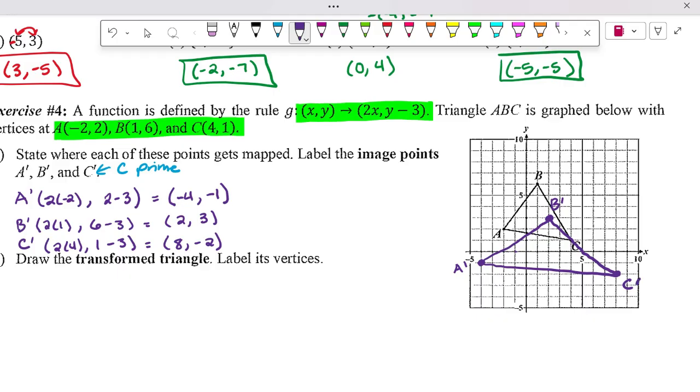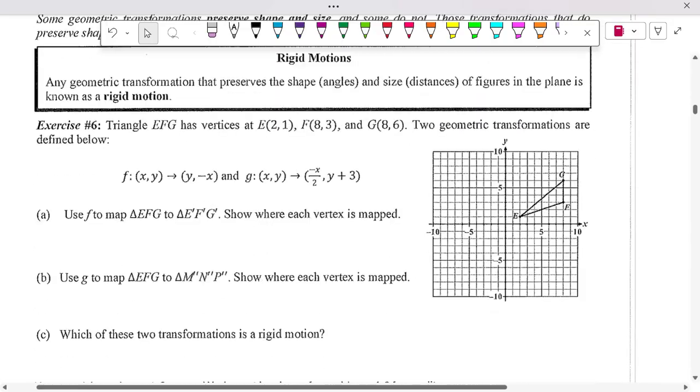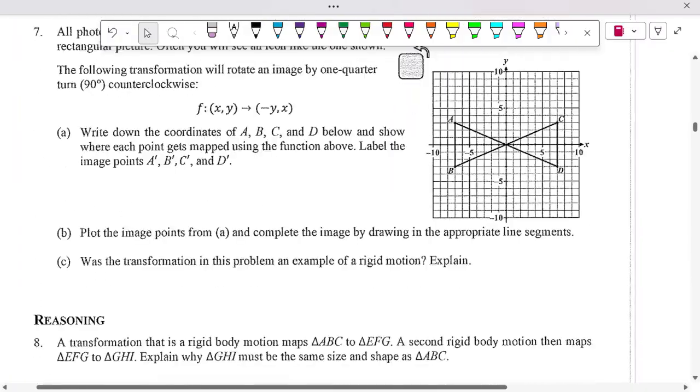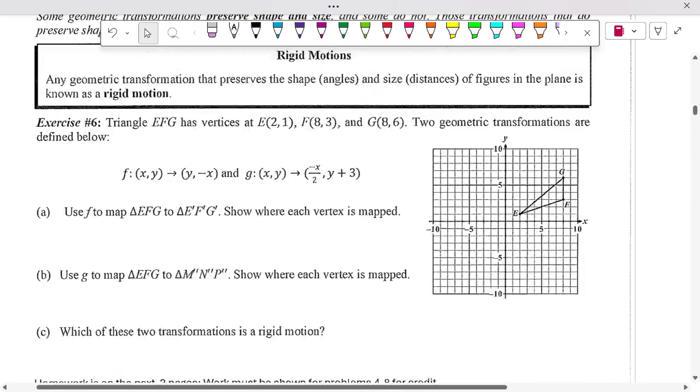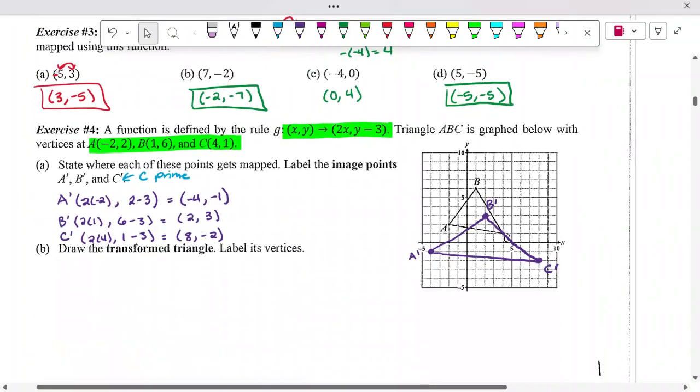So find the new points and then graph your new picture. Make sure you label those points as you graph them. Labeling is part of the game.